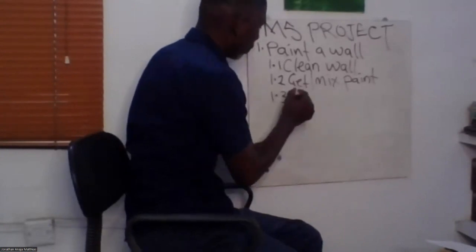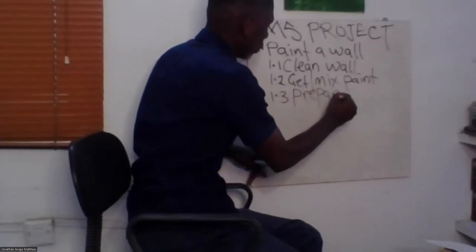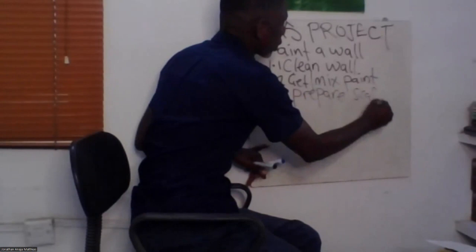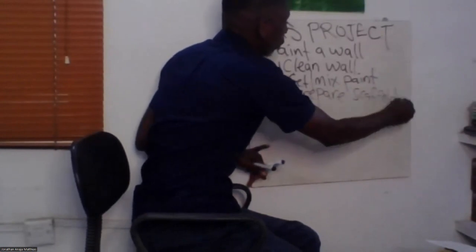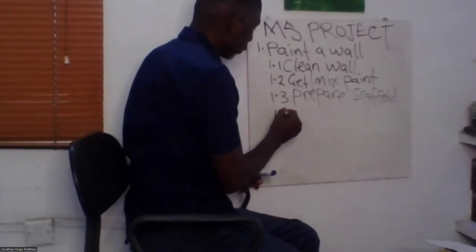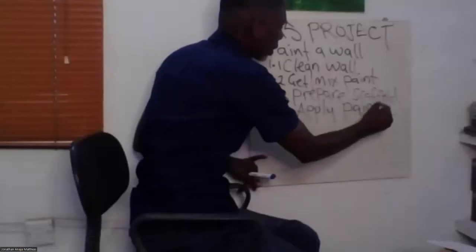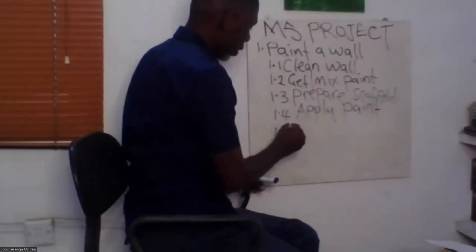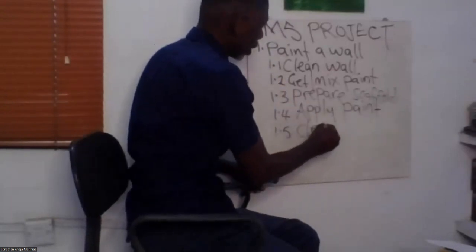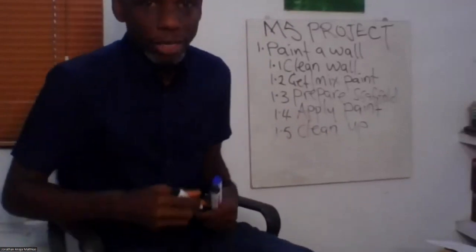Let me just say prepare scaffold. Then we can now go ahead and let's say apply paint, right? Application. After apply paint, is that all? Is there another thing? Let me just say clean up or clean environment, right? It can be the environment, it can be your tools, right?